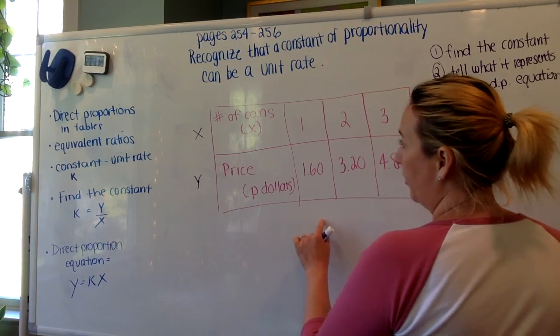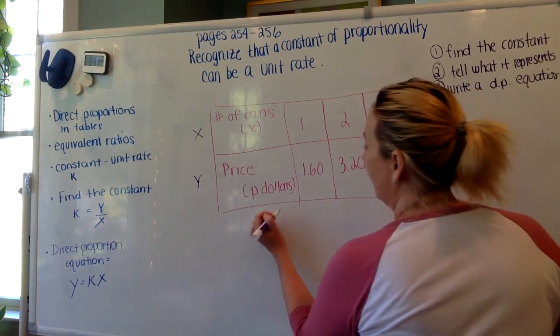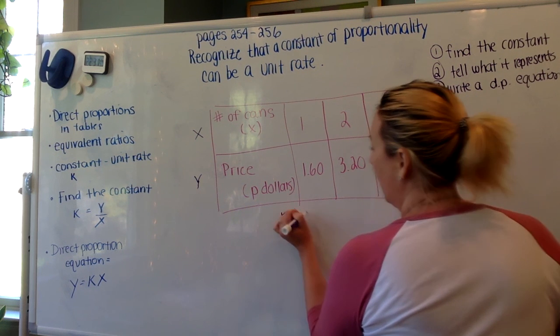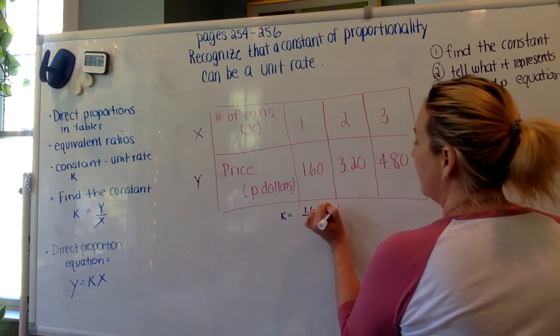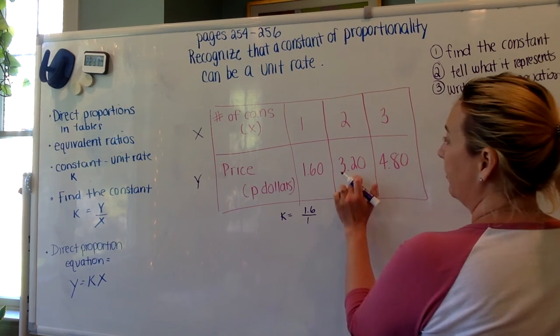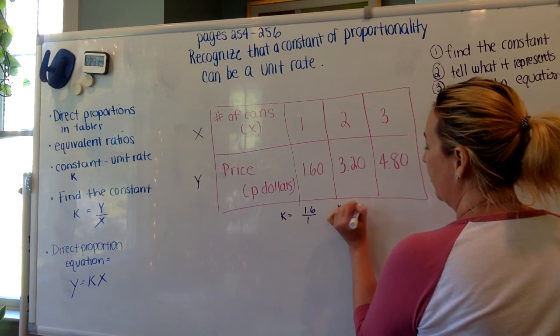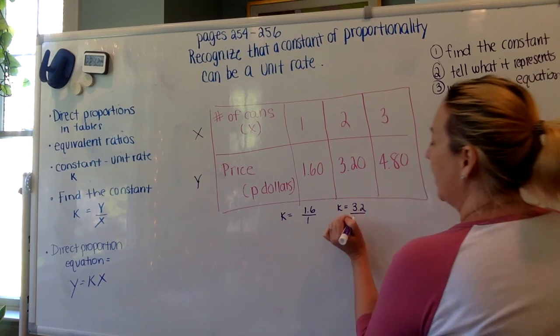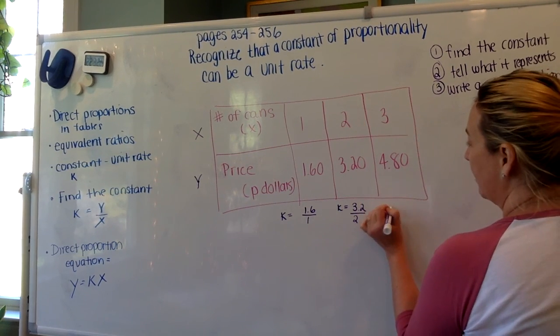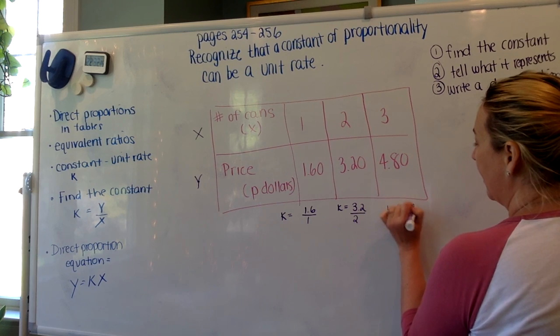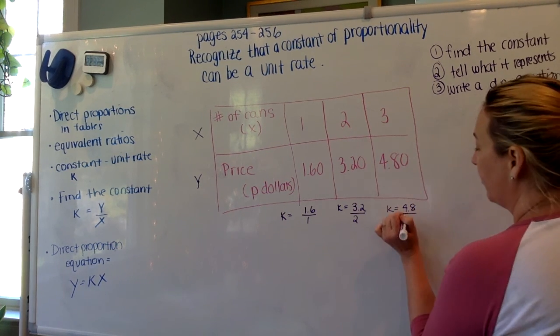So in this example, K equals 1.6 divided by 1. In this example, K equals the Y, which is 3.2, divided by 2. In this example, the Y is 4.8 divided by the X, which is 3.